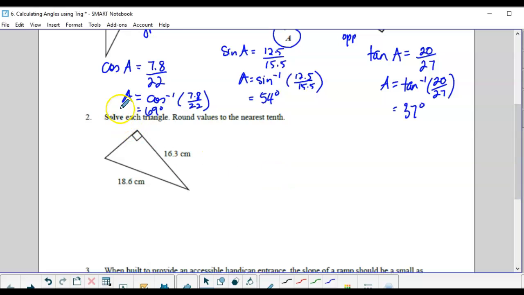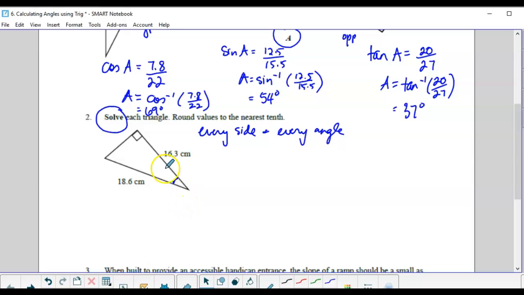Now when it says solve a triangle, what does that mean? It means you need to find every side and every angle. Obviously you're given some of them, but any missing angles and missing sides, you have to get all of them, not just one. So I'm going to start with this angle here.